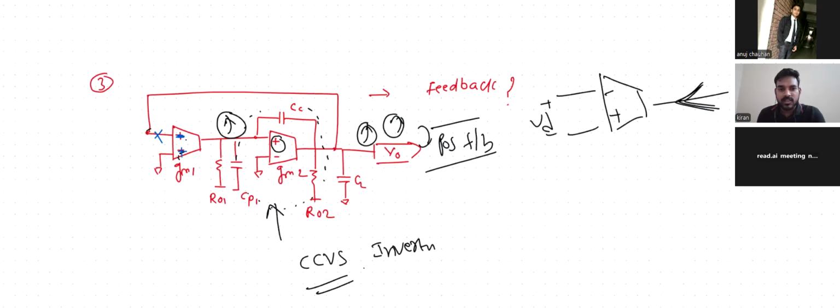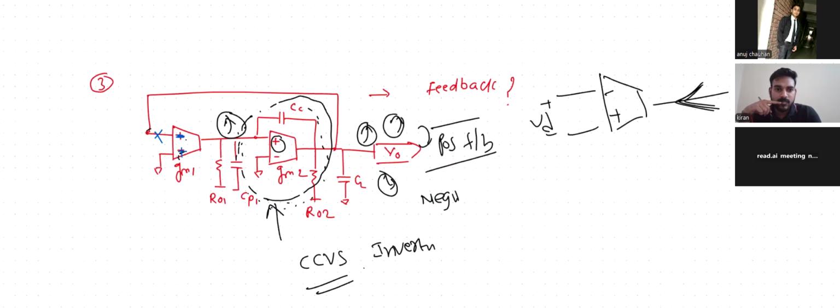Then it looks like negative feedback. But my point is this internal structure should be an inverting op amp. It has to act as inverting. Is it inverting or not as of now? As of now, it is not an inverting op amp. No, no. You told that you increased the output voltage.